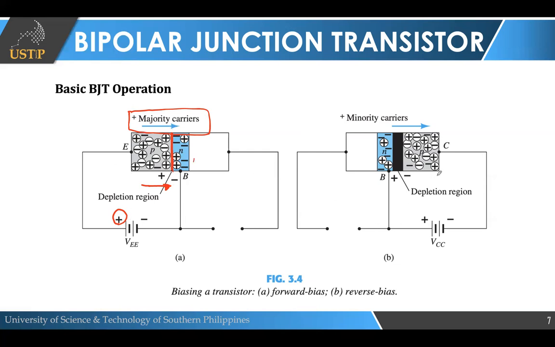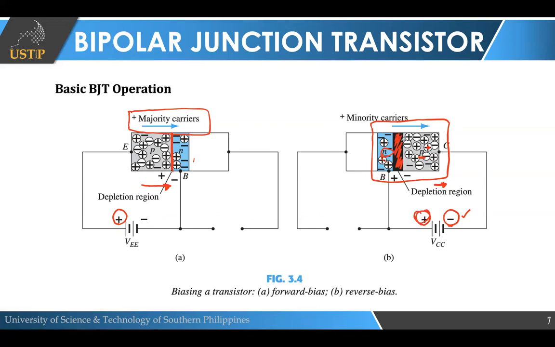Now let's go to the second figure, which is another PN junction, the collector junction, which is reverse biased. So if it is reverse biased, the P is connected to the negative, and the N is connected to the positive. Remember that when we reverse bias a diode, it creates a depletion region, because the P is attracted to the negative side, and the N electrons are attracted to the other side.